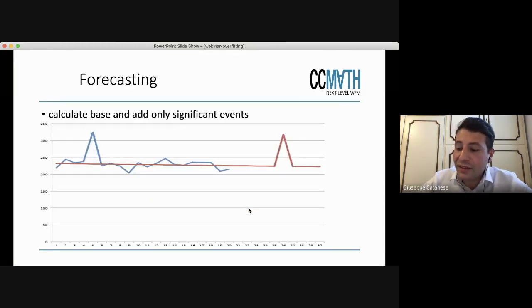After that, we decide, because as we say, this method is a little bit deciding. After we decide that an event is significant, how do we forecast it in the future?